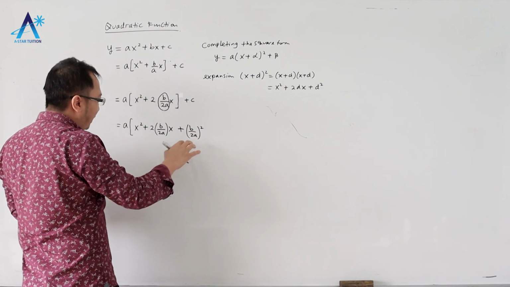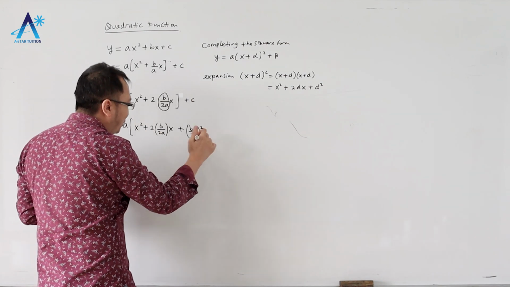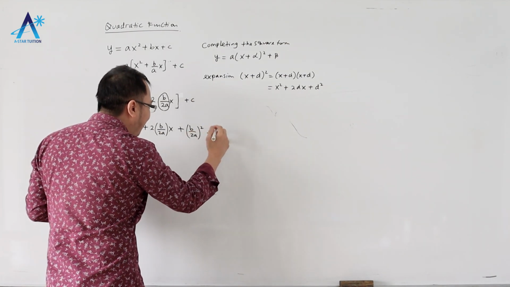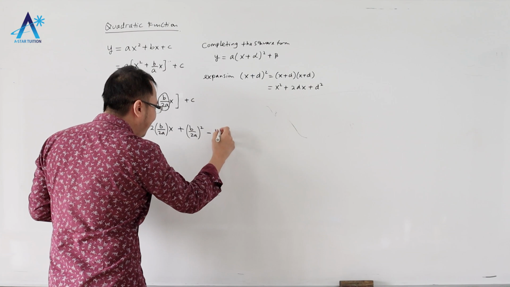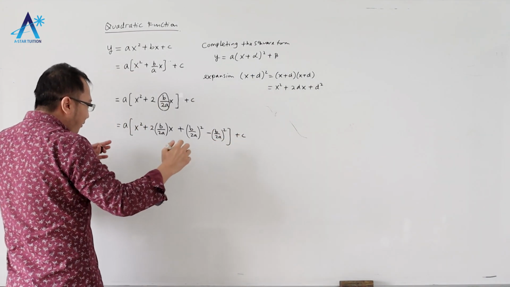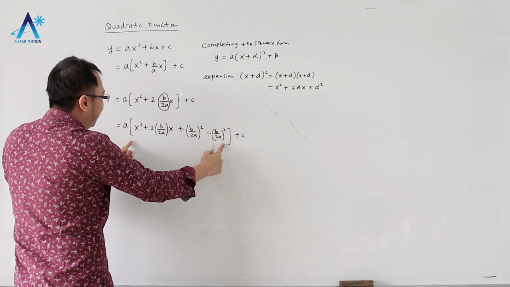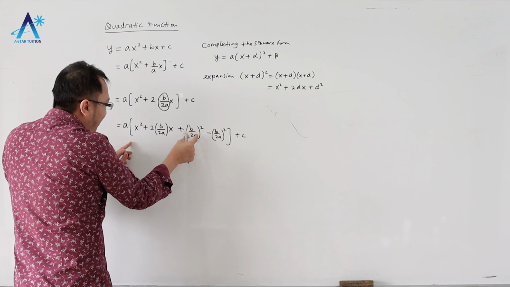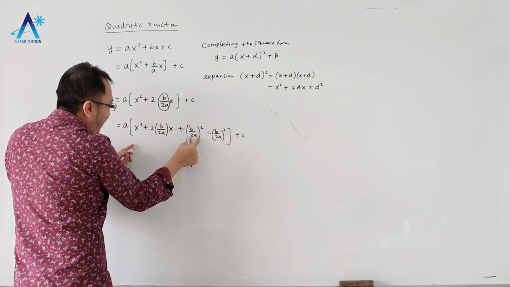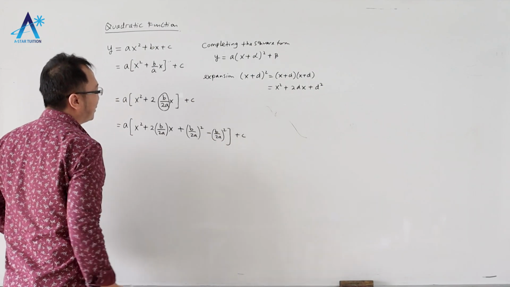Okay, but this was created from nothing, and we need to remove it again with b over 2a squared, so that we don't change the following form. This is exactly equal to this. Okay, we add this square, but then we take it away again by the same term squared.